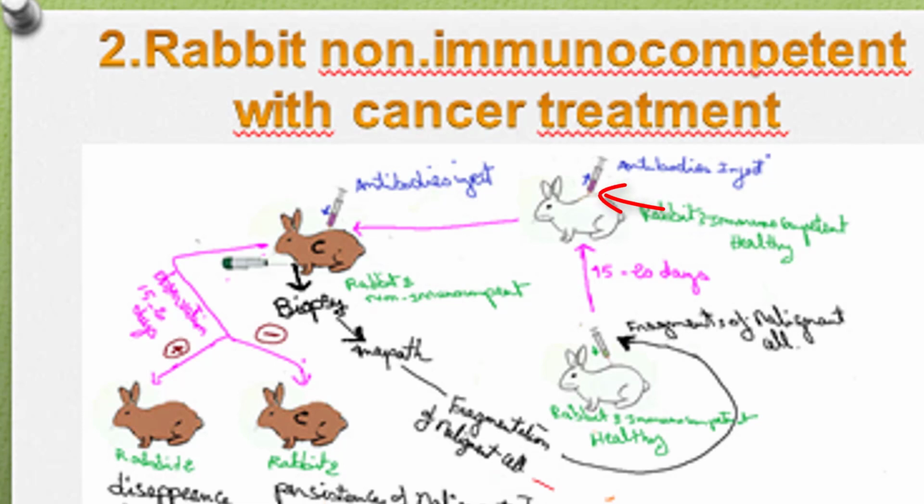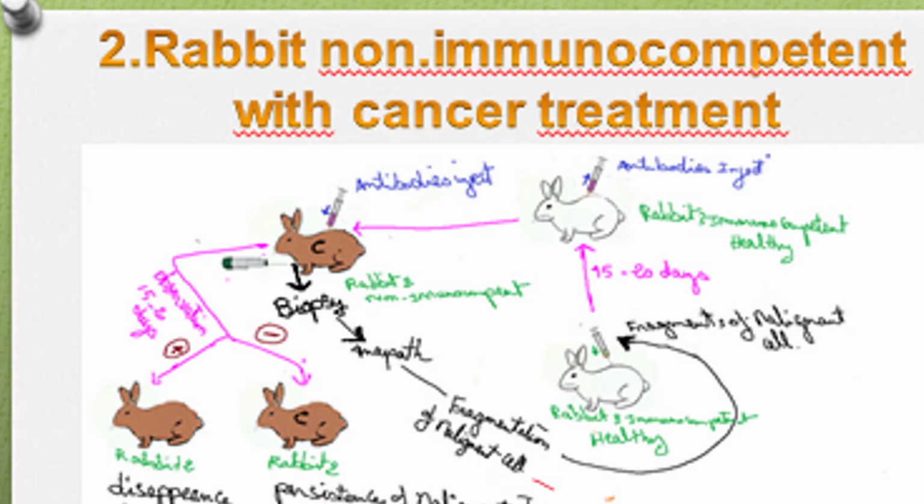Then we take our specific antibodies from rabbit 3 to rabbit 2, and after injecting rabbit 2 with the antibodies given by rabbit 3, we leave rabbit 2 under observation. After 15-20 days, we examine our rabbit 2.